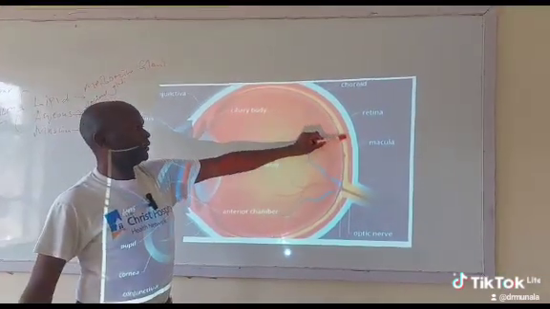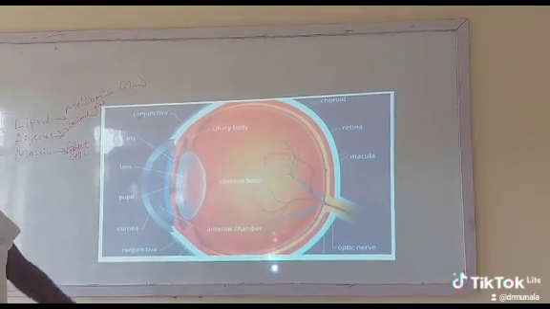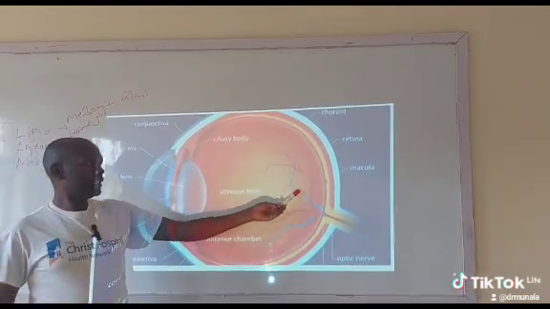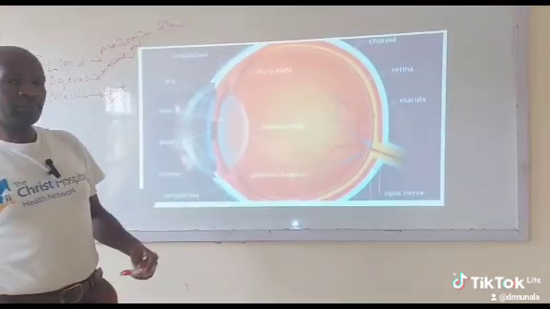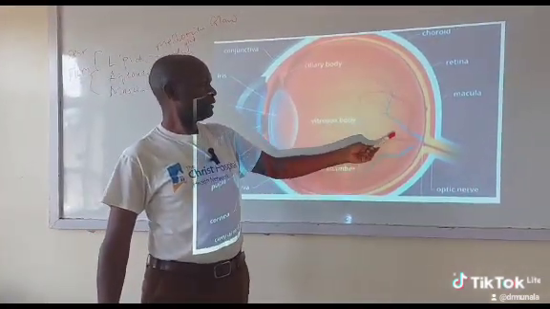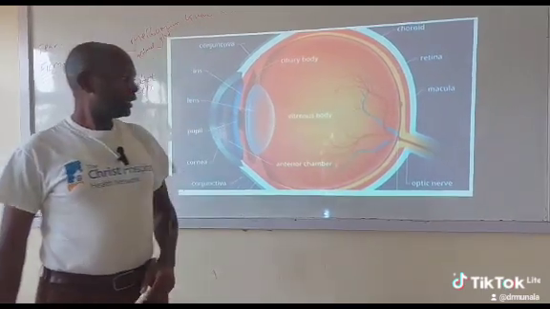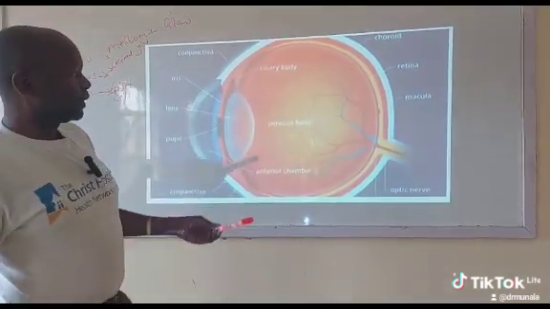And then the yellow structure you see there is the retina. And then of course what you are seeing in blue color, that is the veins. We call them retinal veins. And what you are seeing here, the red structure, are the retinal arteries.